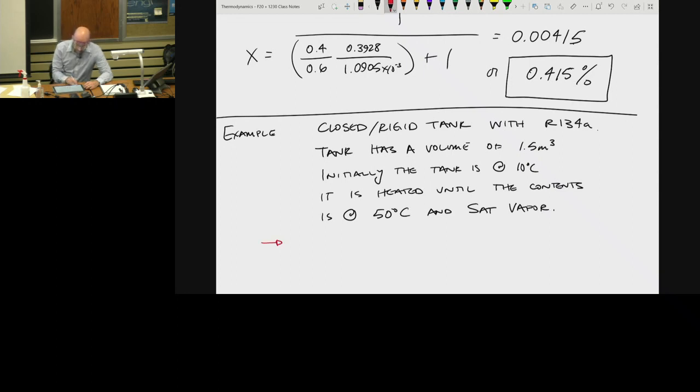Here's the question. How much vapor was present at state 1 in kilograms?